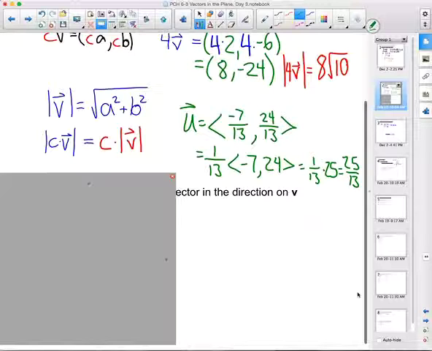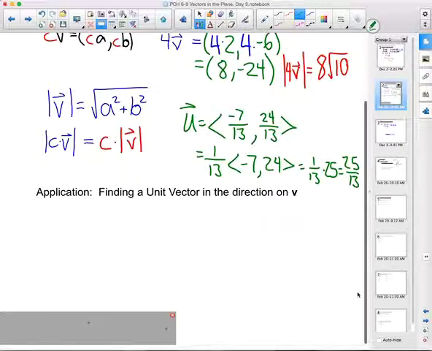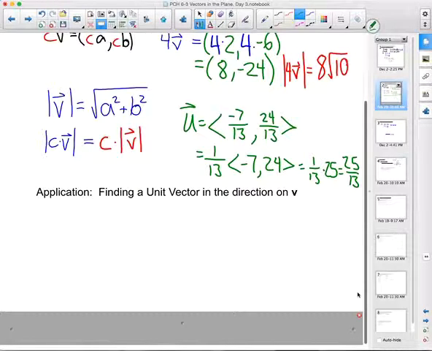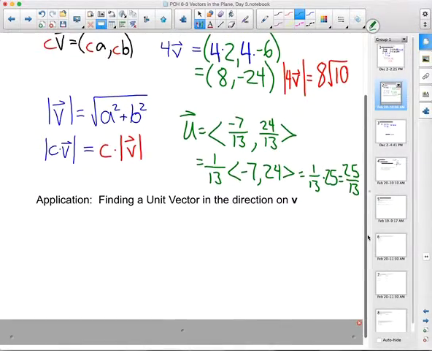So, now, there's an application here that I want us to see, and that is tying this together to a term that we had on Tuesday, and that term was the unit vector, okay? Vector v was 2, -6, alright?